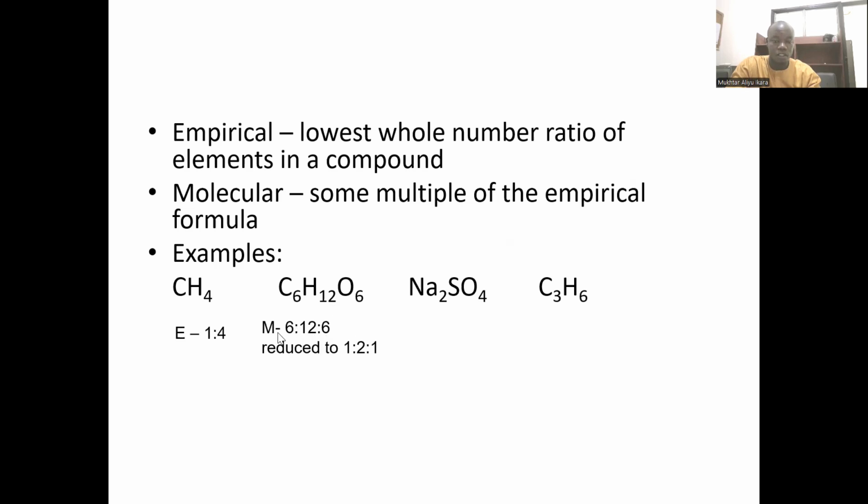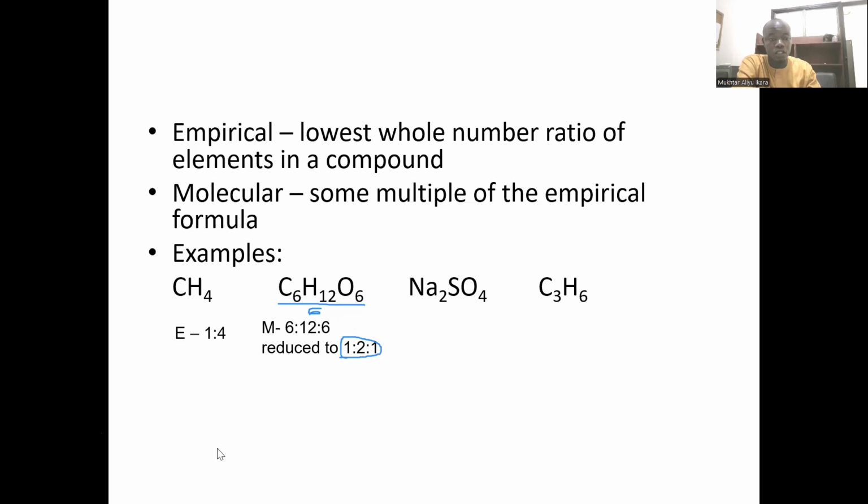If you reduce it by dividing through by 6, we are going to have 1:2:1. So in this glucose, we have 6 carbon, 12 hydrogen, and 6 oxygen, and this can be reduced by dividing by 6, to the ratio 1, 2, 1. So this is the empirical formula, and this one is the molecular formula. So the molecular formula is a multiple of the empirical formula.